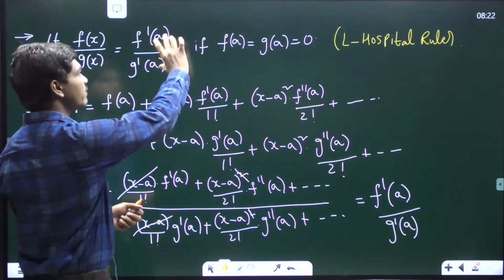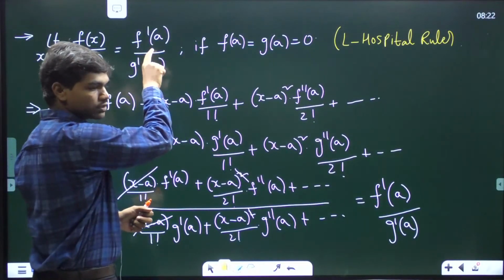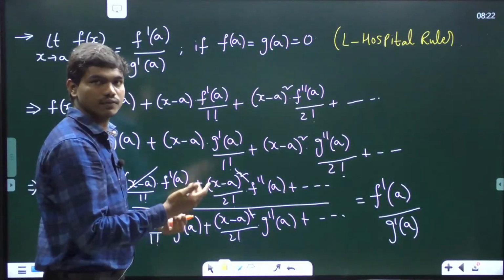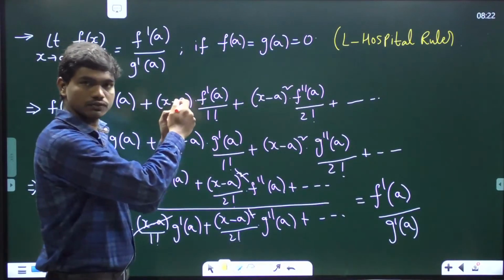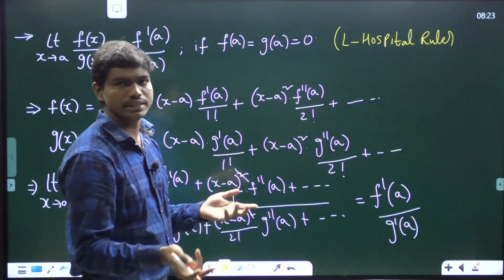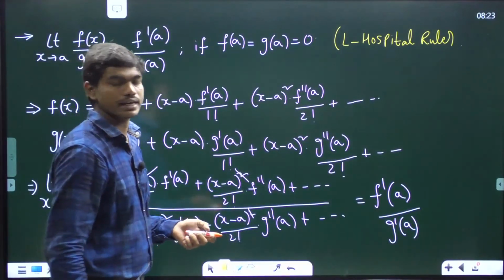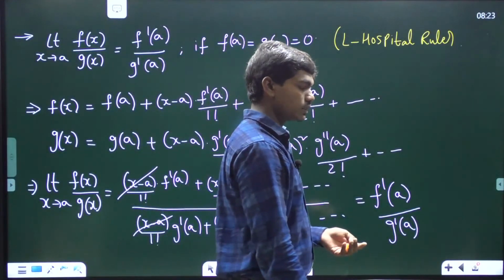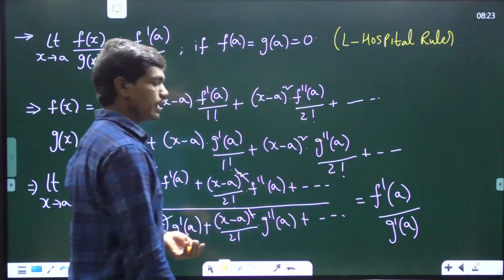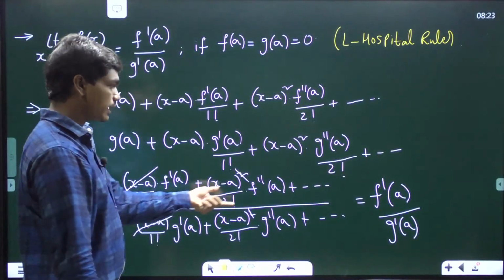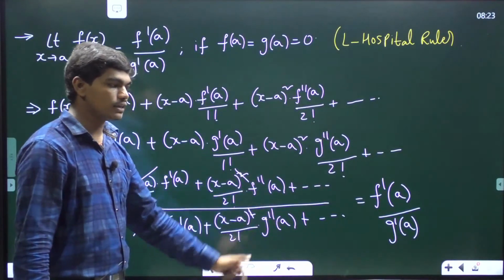Correct? I told you if this is also giving 0 by 0 form, then we'll again differentiate the functions, and this is again f double dash of 0 by g double dash of 0. This is what we have seen in Taylor series. In L'Hospital's rule, again, you can visualize from here. Correct, Monica, what you are telling is correct. If f dash of a and g dash of a are 0, then again we'll have f double dash of a divided by g double dash of a.